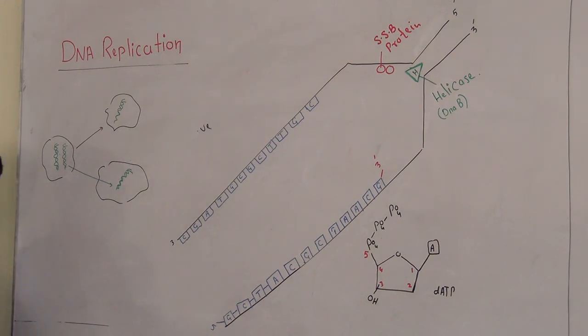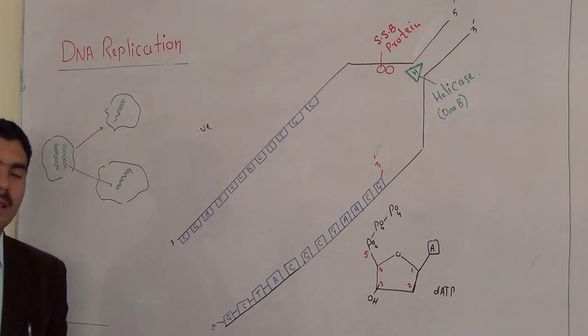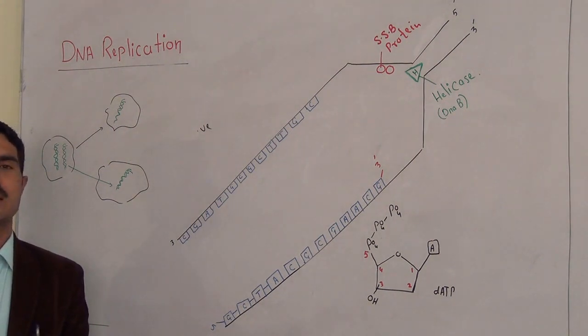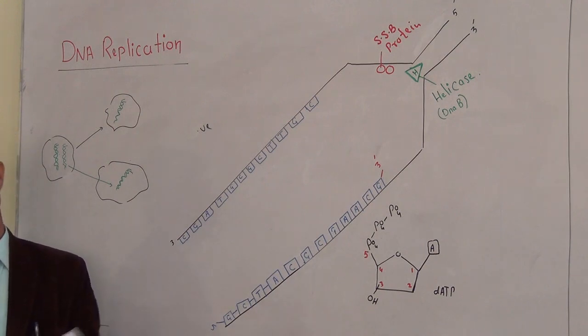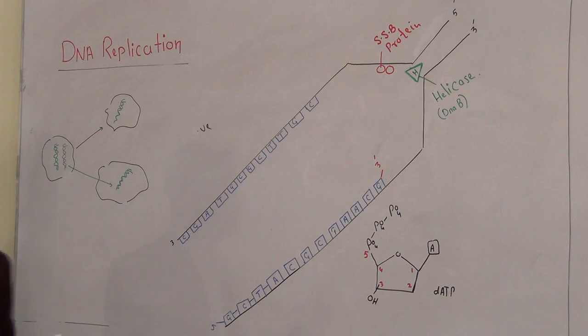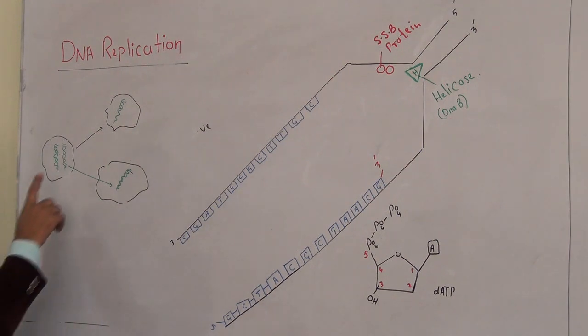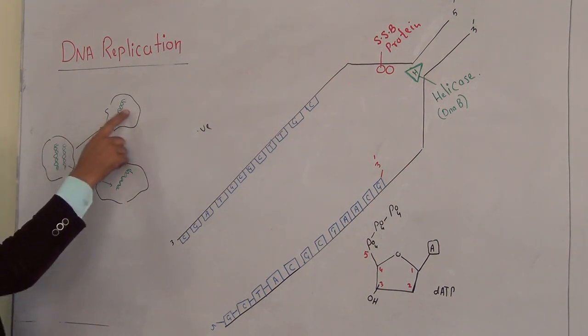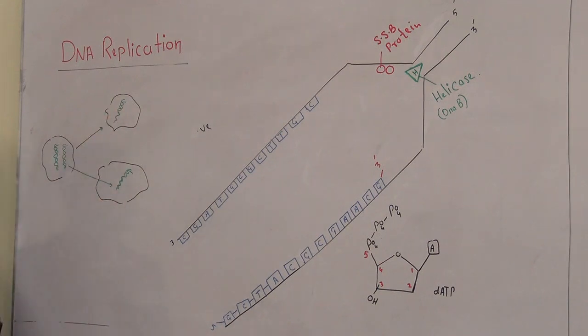And one more thing you must remember: the DNA contains complete information of the organism, right? Each and every piece of information is contained in the DNA molecule. So these two cells must be given the required information so that they can perform in the future.